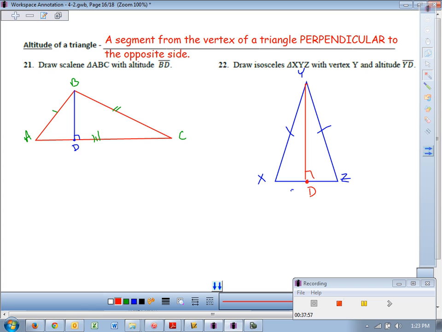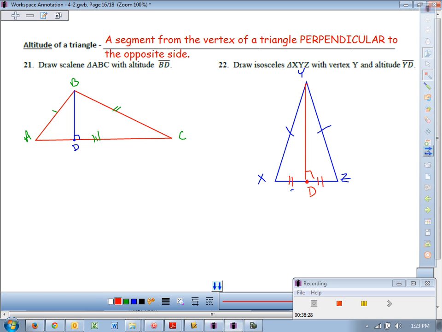Are you okay with that? Cool. What kind of triangle is this? It's isosceles. We just drew an altitude, correct? Watch this. Watch me draw the median from Y. There, I drew it.